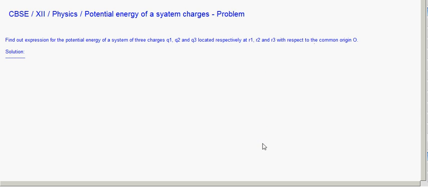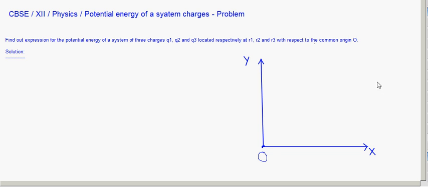We have three charges Q1, Q2 and Q3. Let us say this is the x-axis and this is the y-axis. We'll take the common origin point as O. The charges Q1, Q2, Q3 are at distances R1, R2, R3 from the common origin.